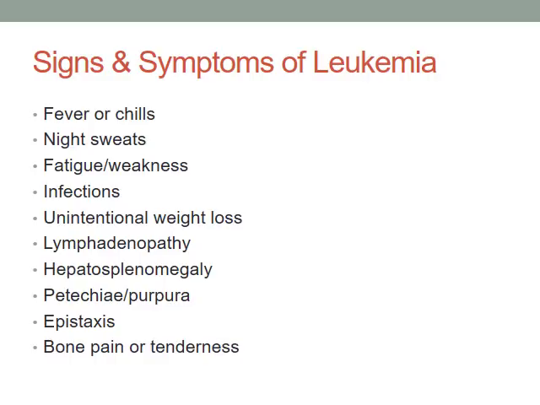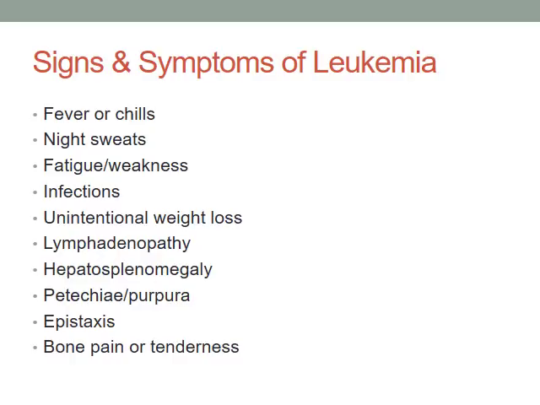Infections are common in patients with leukemia because these patients have their good white blood cells pushed out by the blast cells. Patients often present with some sort of weight loss, and patients may also present with lymphadenopathy or hepatosplenomegaly.